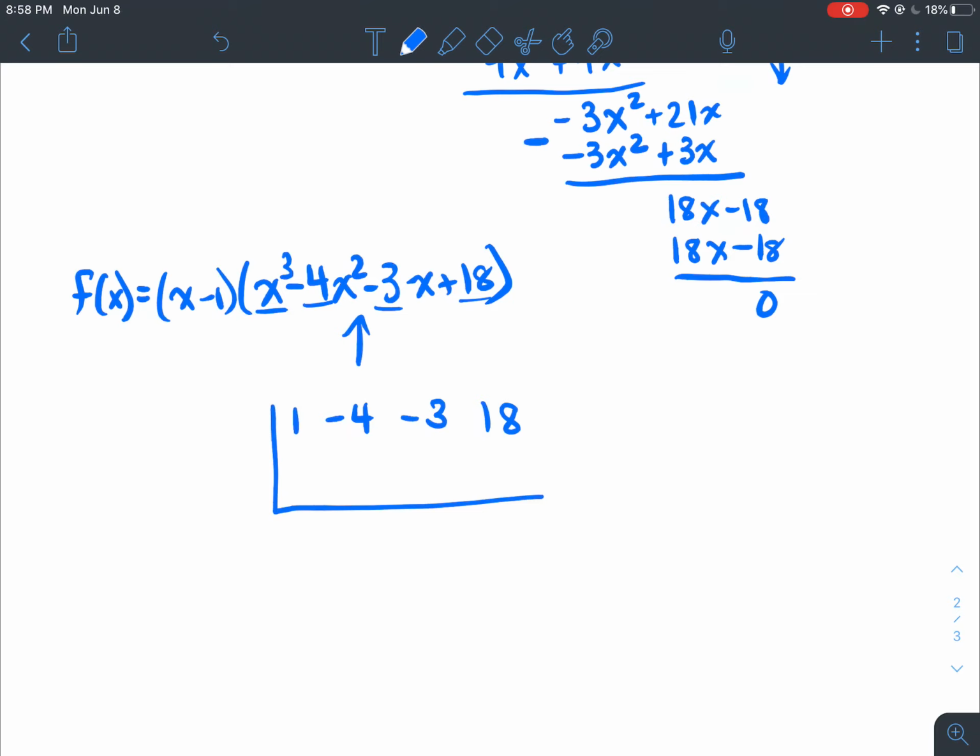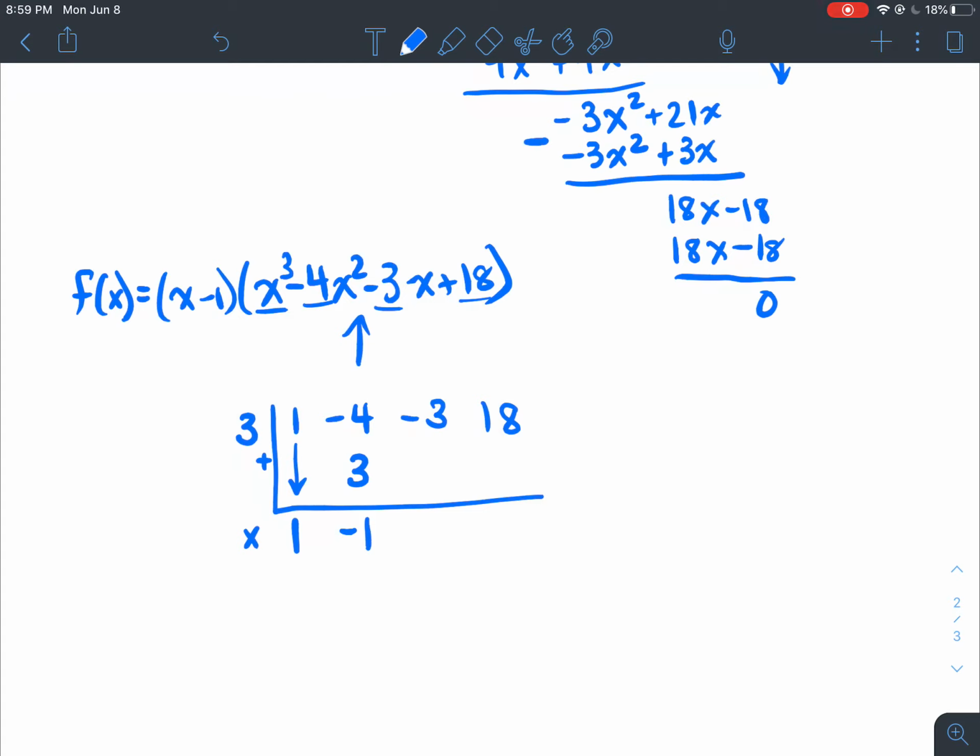Okay, so 3 is our factor. I'm going to write a 3 there. So how we do synthetic is we bring the 1 down, boom. Then we multiply. So 3 times 1 equals 3. We write it there. And then we add between the rows. So -4 plus 3 would equal -1.